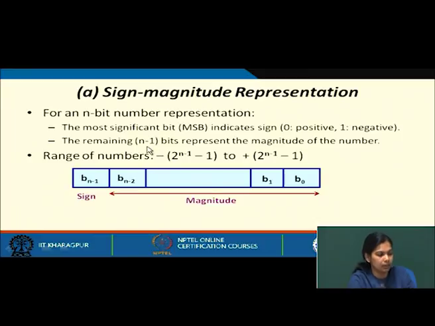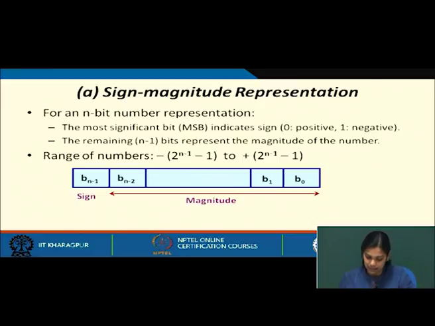So, for an n-bit number, the range that can be represented is minus (2 to the power n minus 1 minus 1) to plus (2 to the power n minus 1 minus 1). These bits represent the magnitude, and the most significant bit is used as the sign.